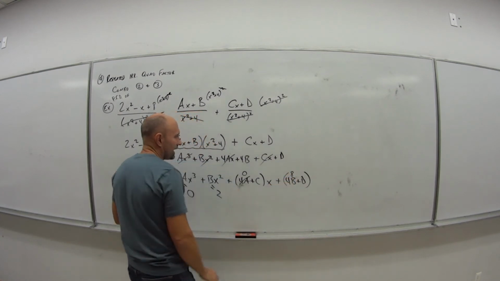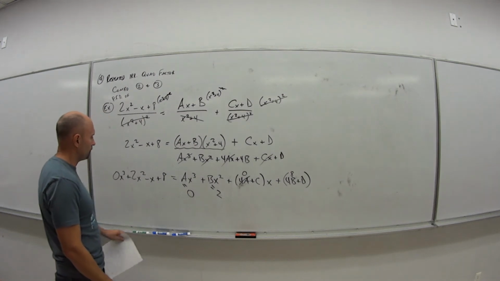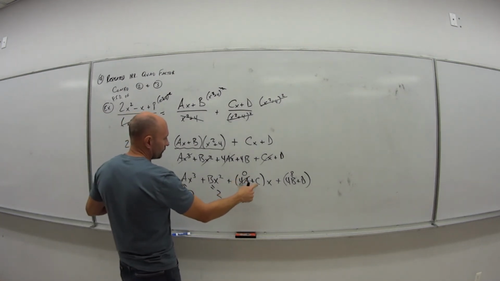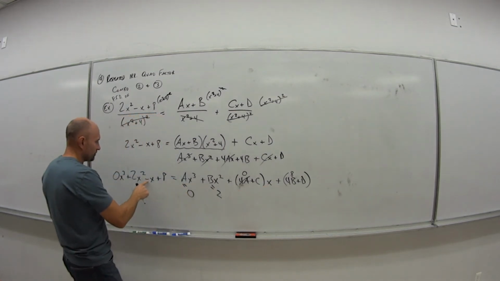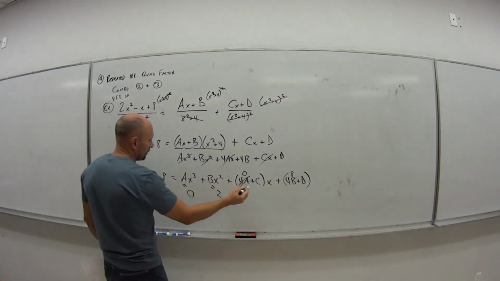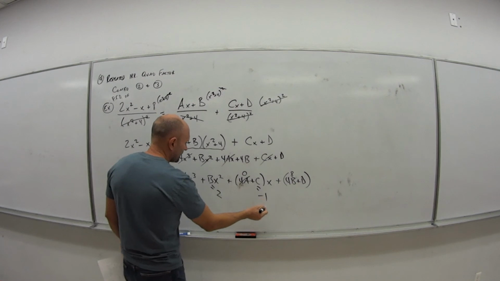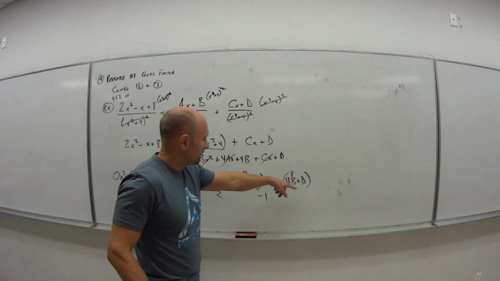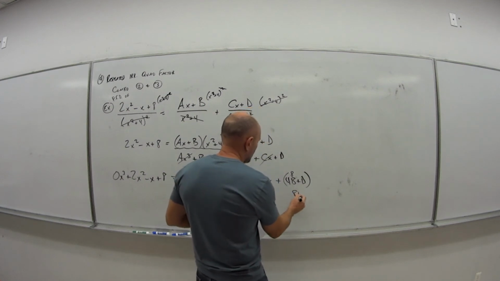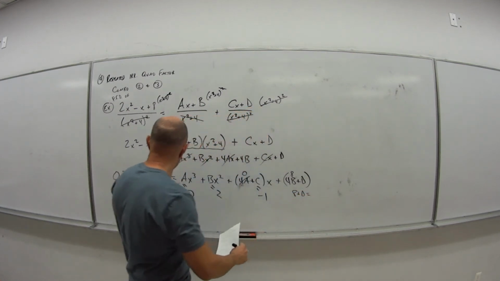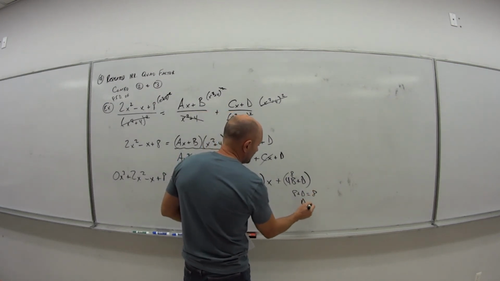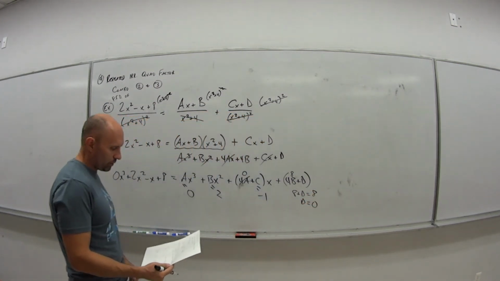So D plus 8, because B was 2. Now I have what? This was 0, so it's just C times x, which means C has to match up with this one. So C has to be negative 1. And then lastly, 8 plus D has to be equal to my constant over here, 8, which means D is also 0.